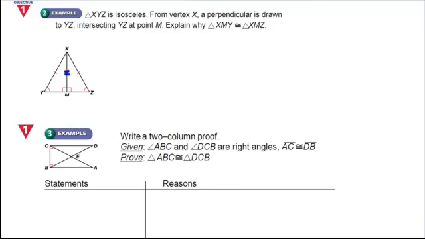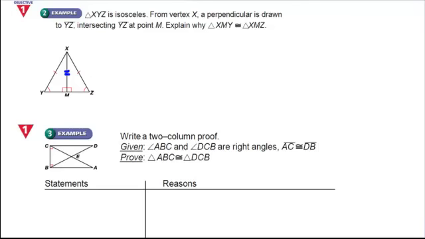Now, there's a number of reasons why these triangles could be proven congruent. We could use angle-side, using, for example, angle Z, angle ZMX, and this side XM, matching the other parts on the other side. We could also, just like we did above, mark the other angles up here, the vertex angles, congruent.